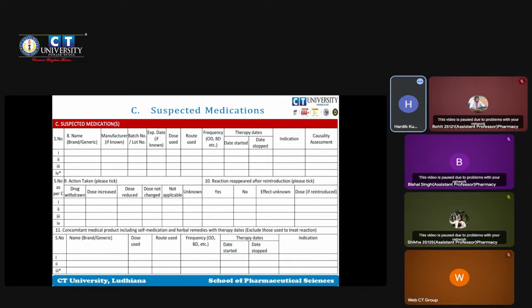Fill the suspected medication. Is it a single dose, dosage used, manufacturer details, batch number, date of expiry, route, frequency, and therapy start date and therapy end date. Next slide, please. Then suspected adverse reaction.